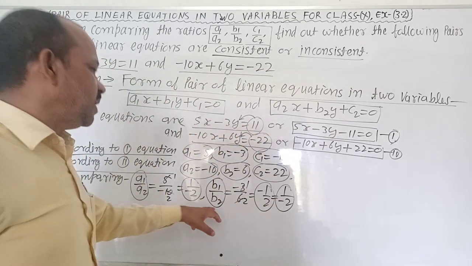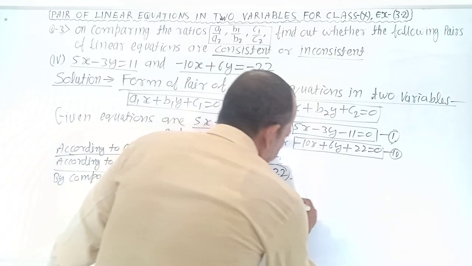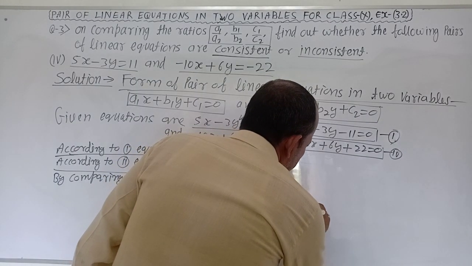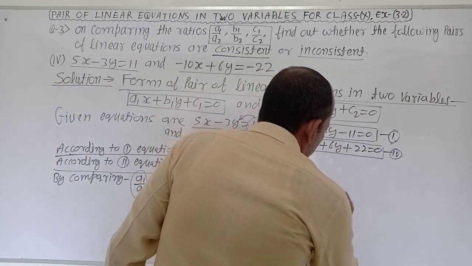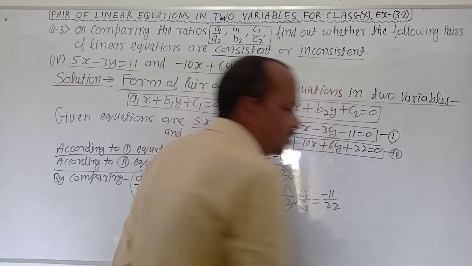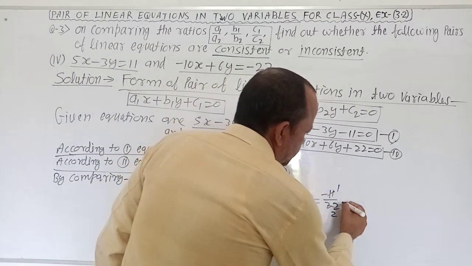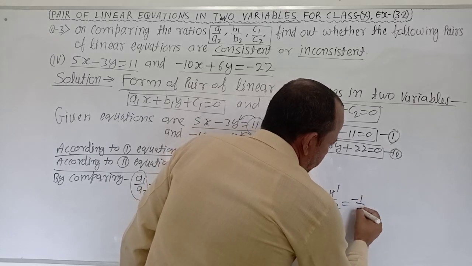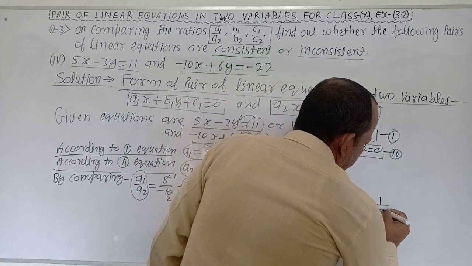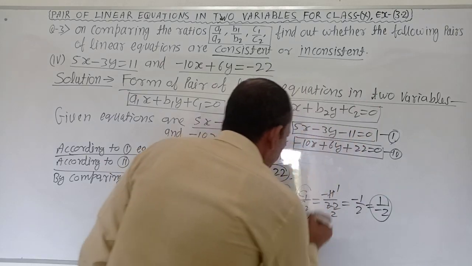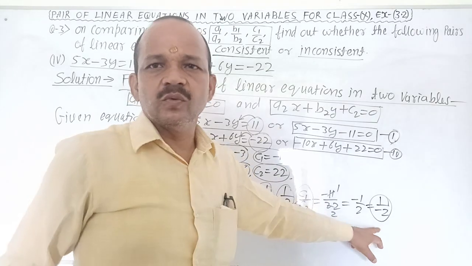You find b1 by b2 equal to 1 by minus 2. c1 by c2 equal to minus 11 by 22. You can cut it: 11 ones are 11, 11 twos are 22. Minus 1 by 2 equal to 1 by minus 2. You find c1 by c2 equal to 1 by minus 2.